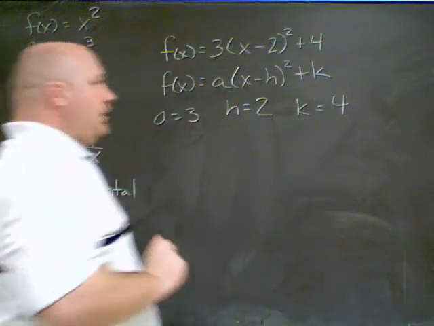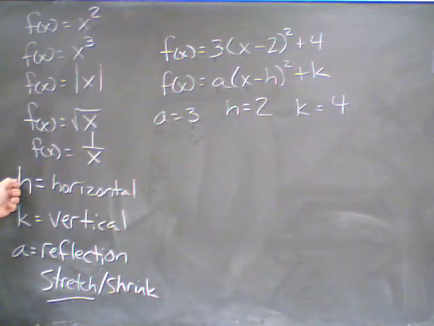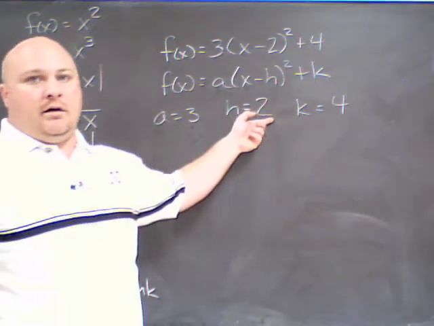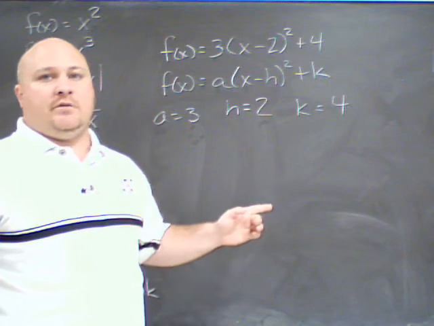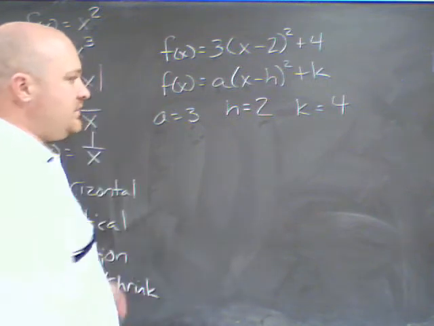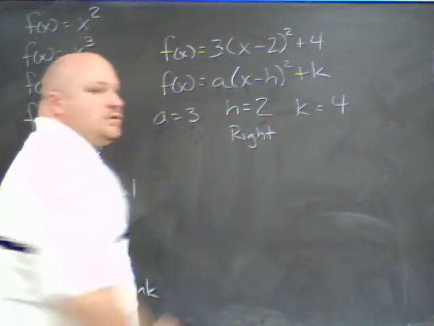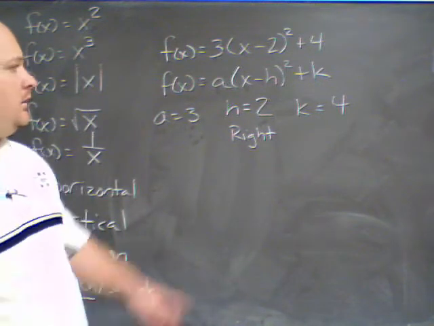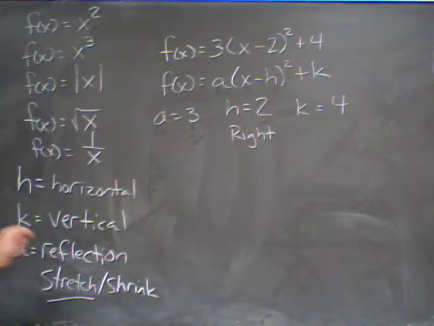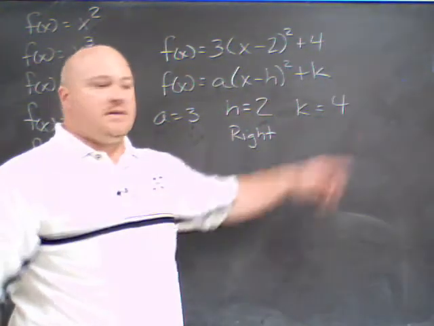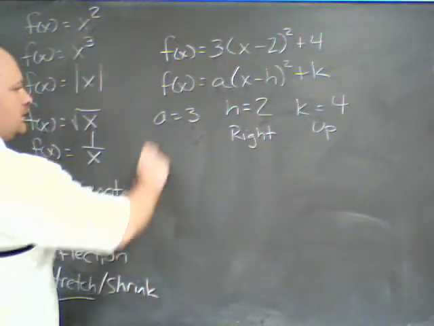And as our key tells us over here, h moves it horizontally. If we have a value of positive 2, it's going to move it in the positive direction on the x-axis, which means it's going to move it to the right. Now, since k moves it vertically, and it has a value of positive 4, it's going to move it up.